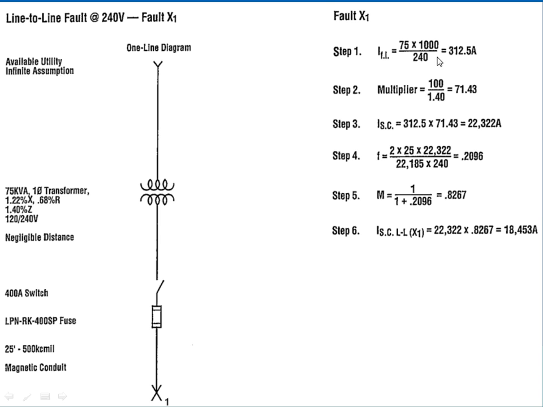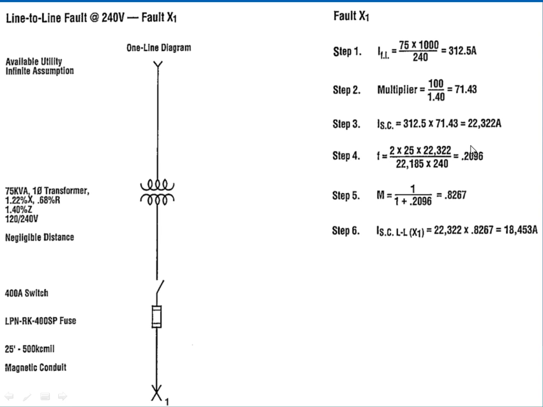You find the full load current of the transformer, then you divide it by the impedance of the transformer. That will get you the value, and that will give you a multiplier. Dividing the full load by the impedance gets you 22,000 amp. Unlimited, if you have an unlimited source, will get you 22,000 amp on the secondary side of the transformer. Then you plug it into this formula, guys, and this number here is for the conductor, and 2 because it's single phase, gives you this value.